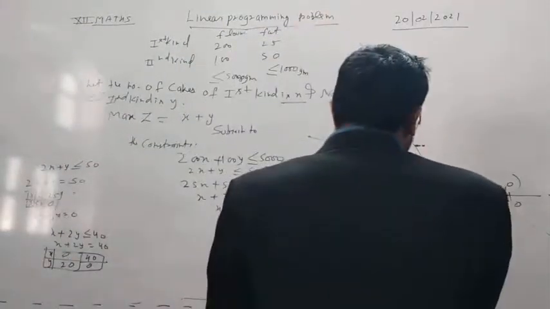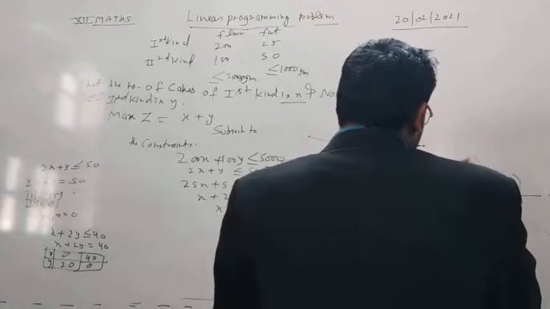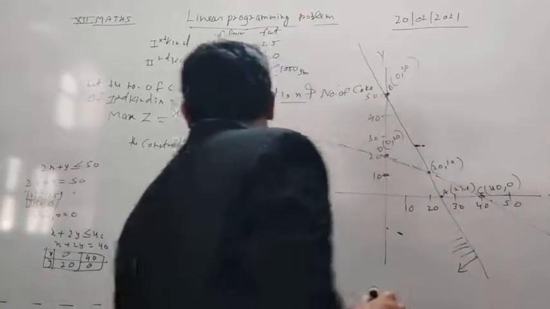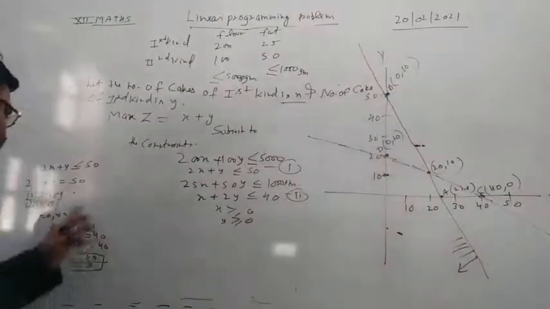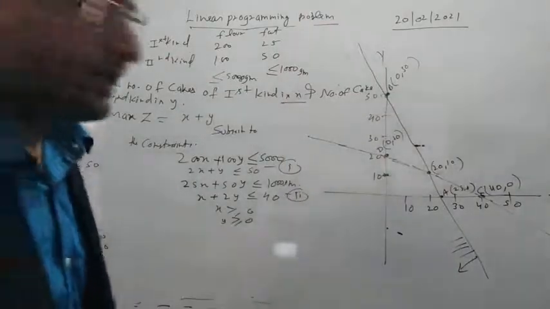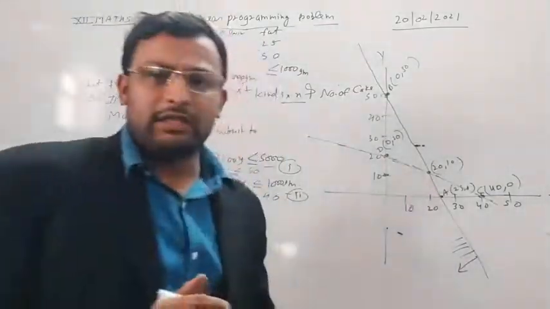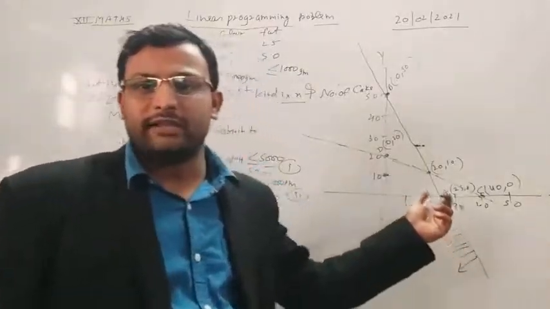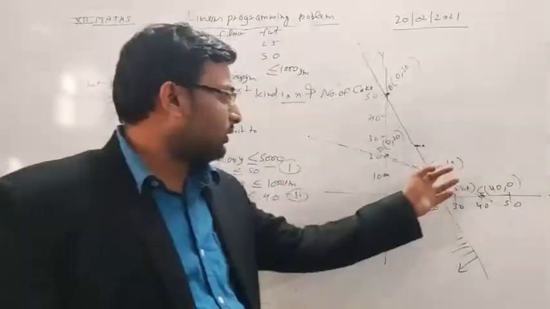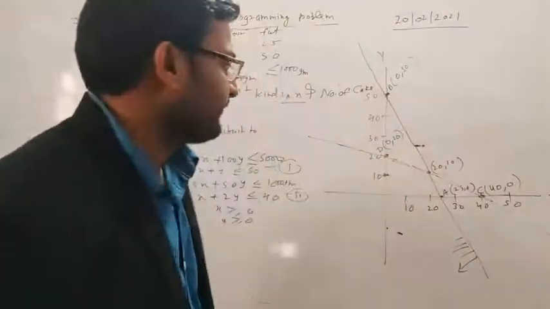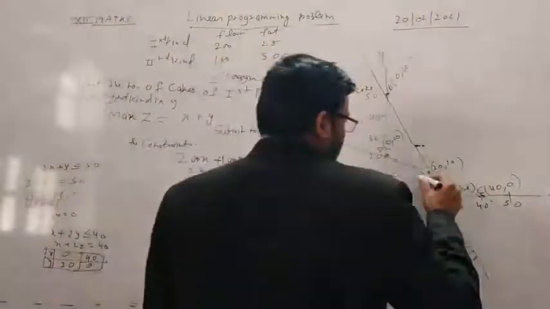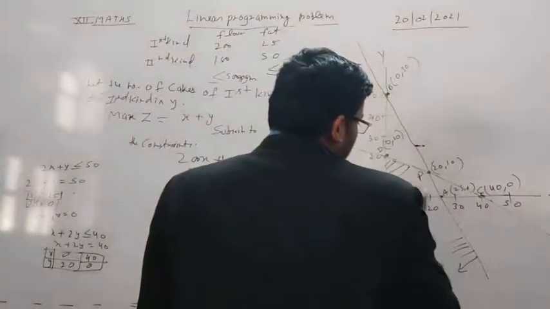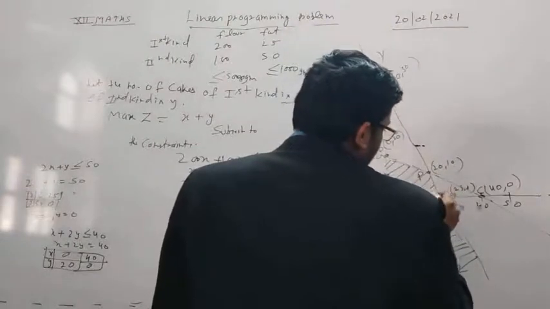Solving these two equations, we get the intersection point of the two lines. When we draw the graph on graph paper, we get the exact intersection point, which is (20, 10). So we say that this is point P.